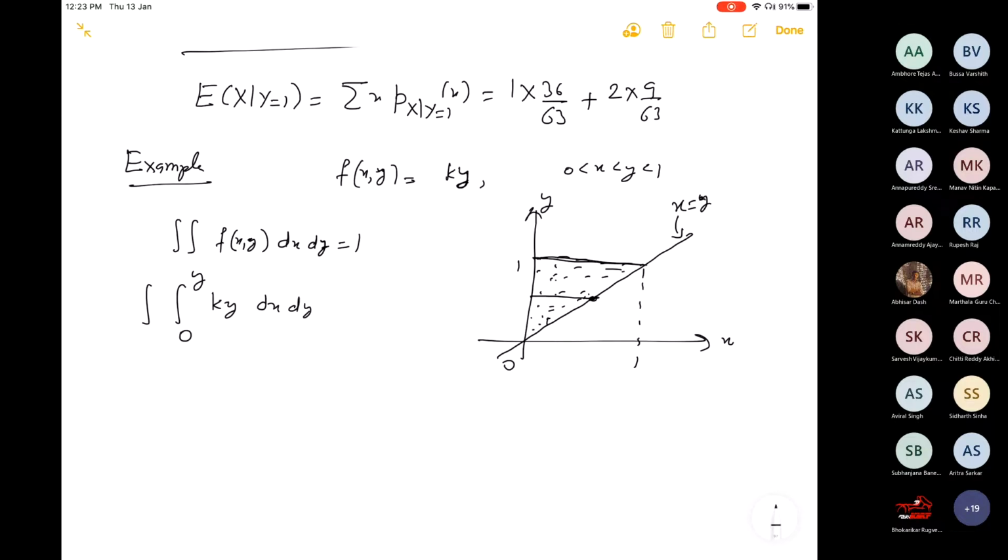So this will be k times the integral from 0 to 1 of y, with the integral over x, where x varies from 0 to y, giving y squared dy.